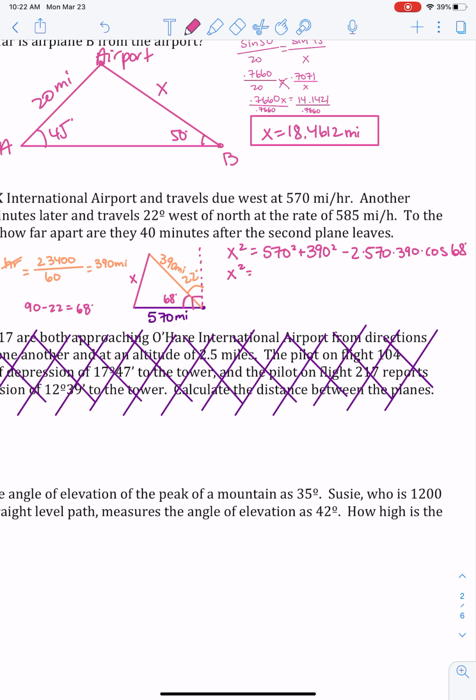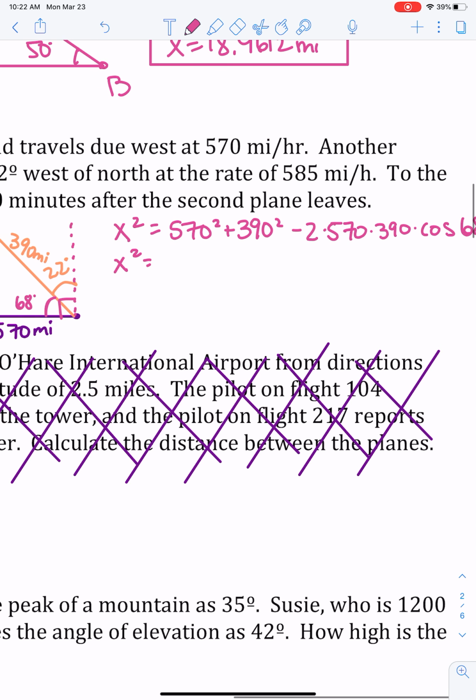So it'll take me a second, but 570 squared plus 390 squared minus 2 times 570 times 390 times cosine 68, and that gave me this large number.